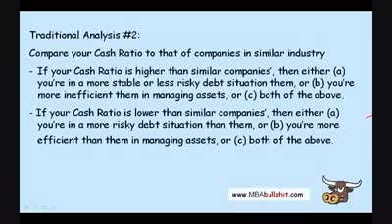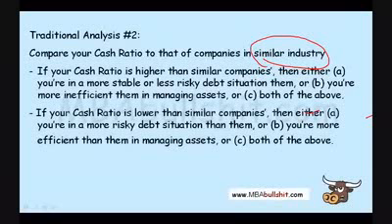Now I stress similar industry because some industries, such as, for example, the banking industry, need a lot of cash, much more cash compared to another industry such as a luxury car showroom, for example.